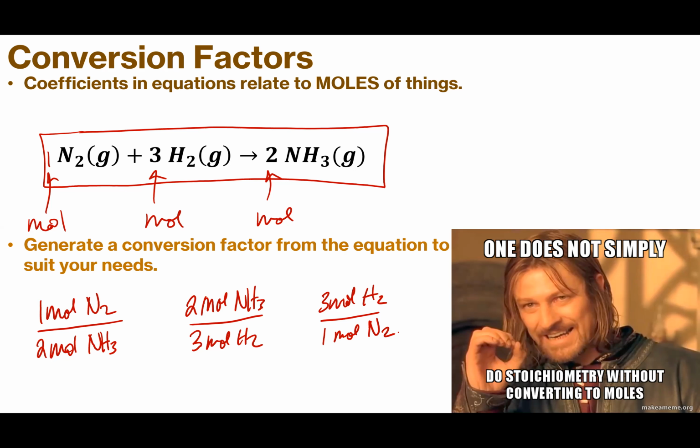Everything is valid as long as we're pairing the coefficient with the formula. So we have to remember that this is in terms of moles, and we need to put formulas in the dimensional analysis.